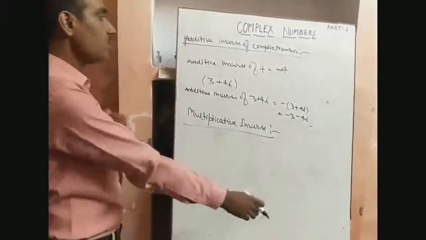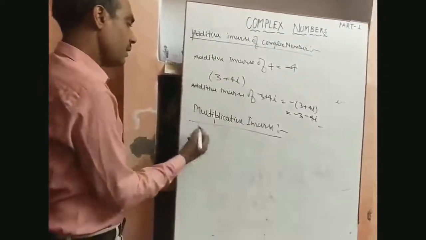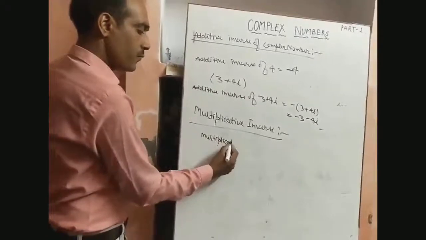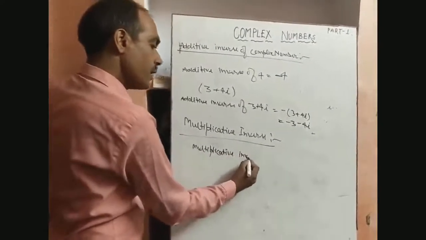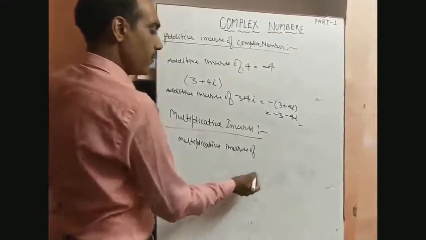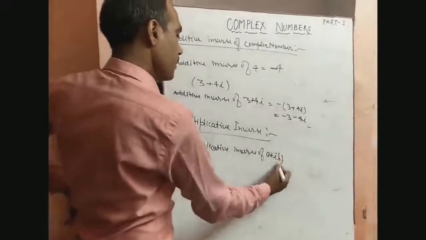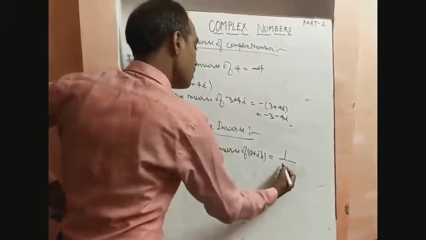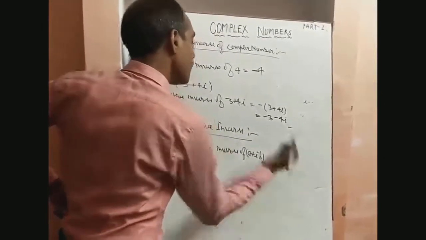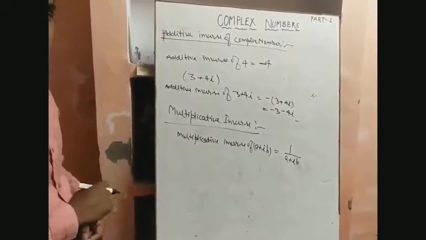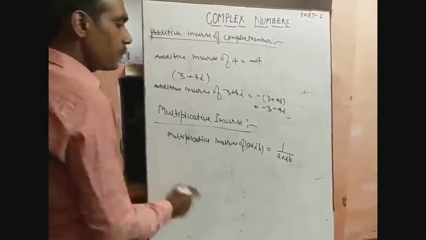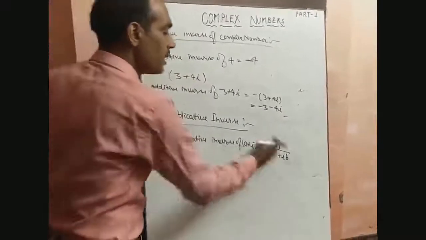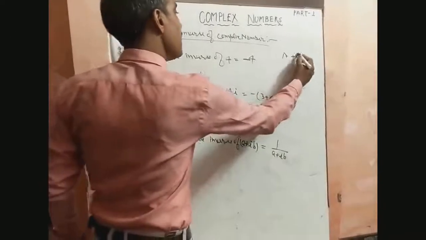Then we will find the multiplicative inverse, like the multiplicative inverse of a plus ib. This is a general number. Then its multiplicative inverse is equal to 1 upon a plus ib. Understand? Okay.